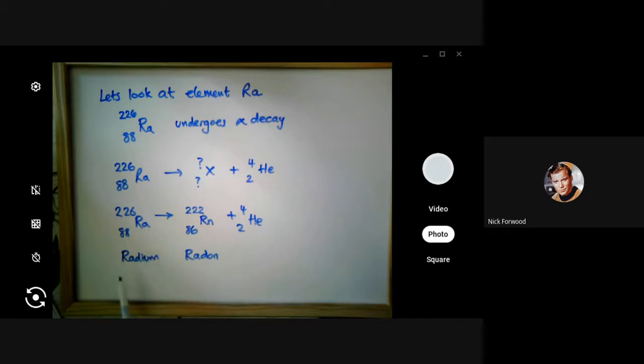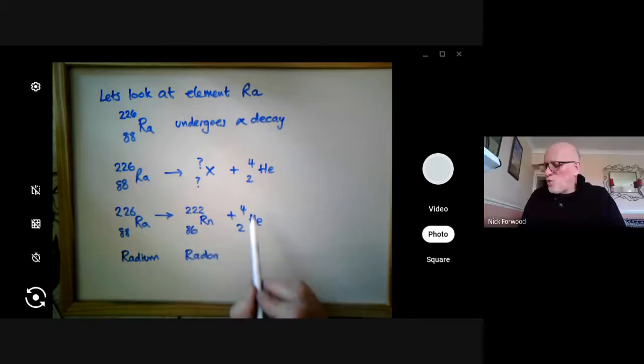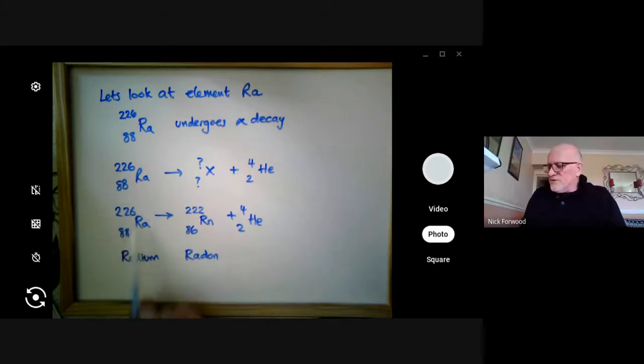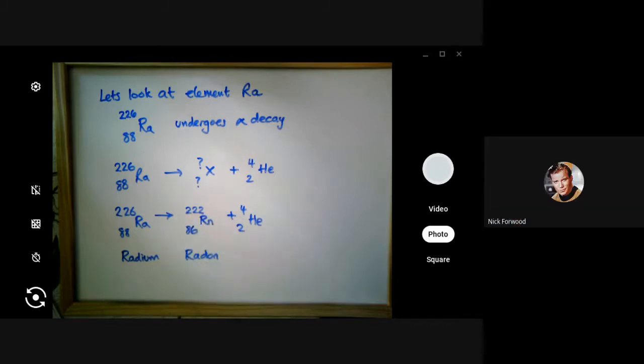Radium was discovered first, so it gets priority over its abbreviation, Ra. Radon was discovered later. You can't use Ra again because you've already used it over there, so it's got to be Rn. So this is called a nuclear equation, and you have to make sure that the numbers on the left-hand side balance the total numbers on the right-hand side. So that's quite straightforward, I hope.